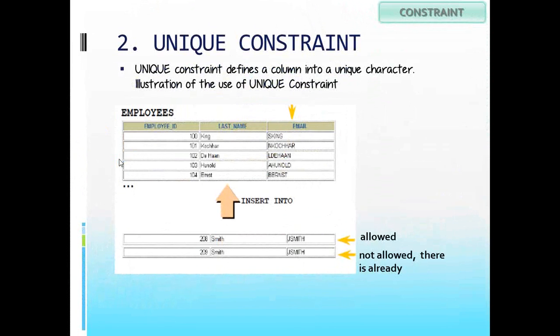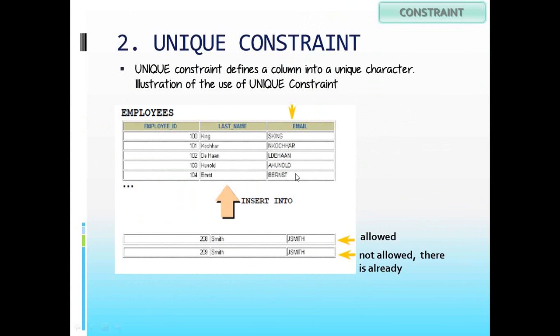2. Constraint number 2 is unique. Unique constraint defines a column to have unique values. The illustration of the use of unique constraint is like that. In the table employees, we see that email is not the same.